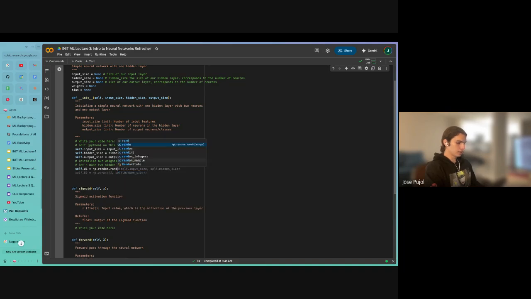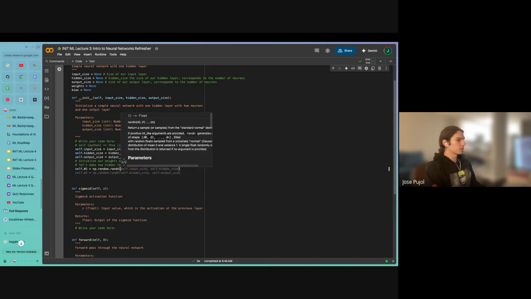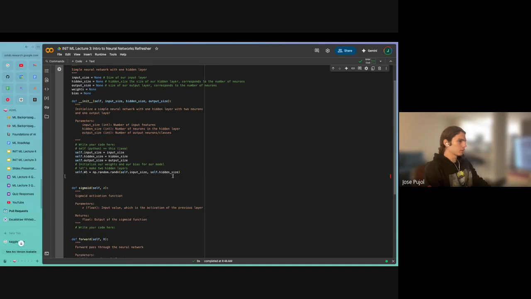It's going to be np.random.rand. If I have here input size and hidden size, what this is saying is, you can kind of see this as features coming in, and then we have our hidden layer, and then our hidden size is going out.